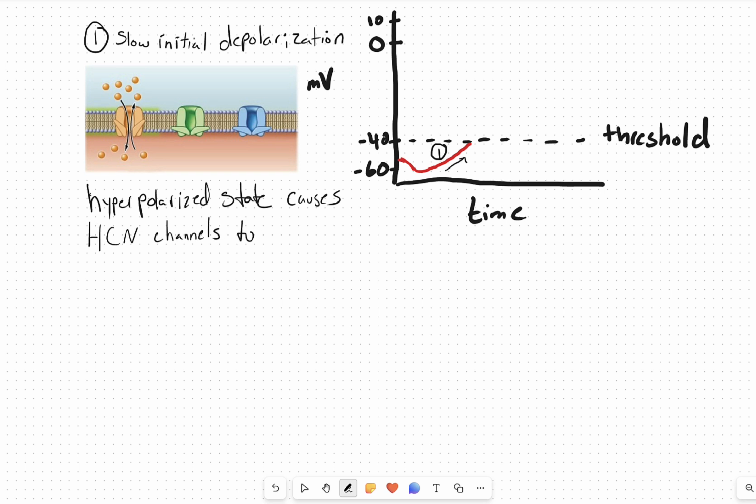These are non-specific cation channels. This channel is going to allow sodium into and out of the cell. When these HCN channels are open, sodium leaks into and out of the cell. More sodium is leaking into the cell and less sodium is leaking out. So the inside of the cell is becoming more and more positive, which is going to slowly bring the membrane potential up towards that threshold value.